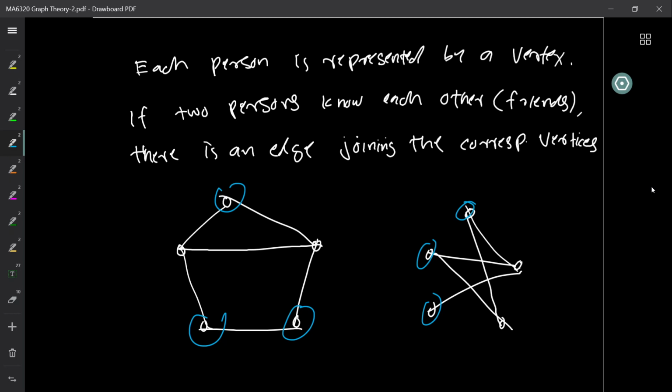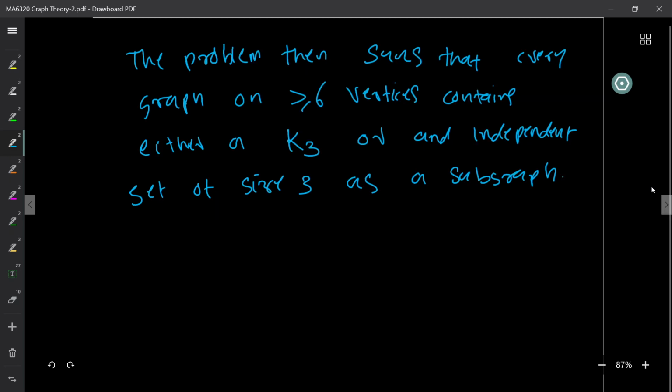If you are not familiar with it, please read it up. But you can use it to find a very easy proof for this. So think about this and then try to find out. One can model this kind of questions in graphs. So this is what the problem says, that every graph on at least 6 vertices contains either a K3 as a subgraph or an independent set of size 3 as a subgraph.